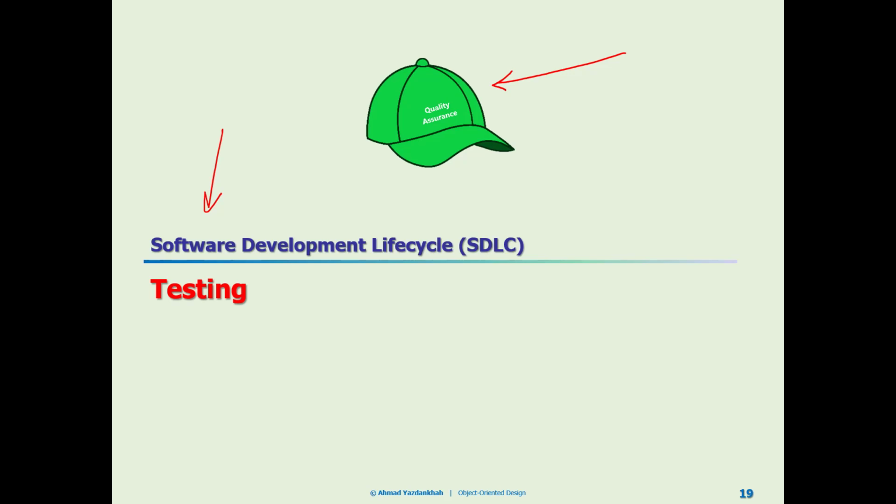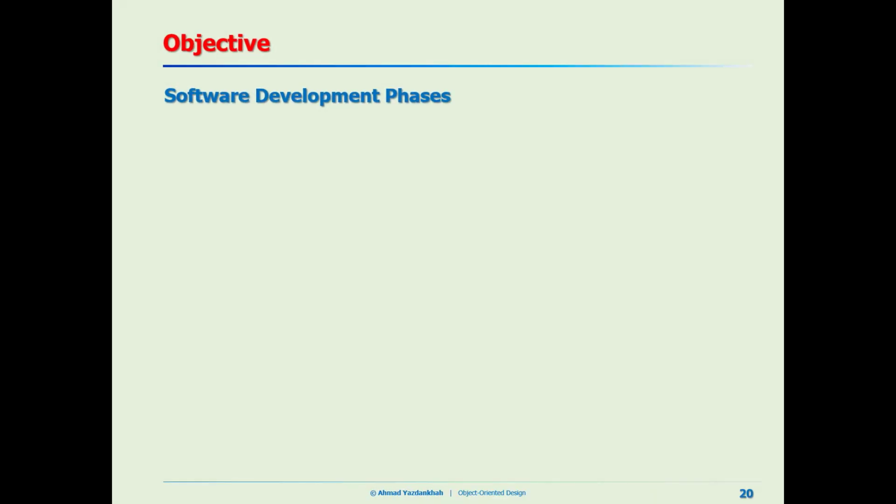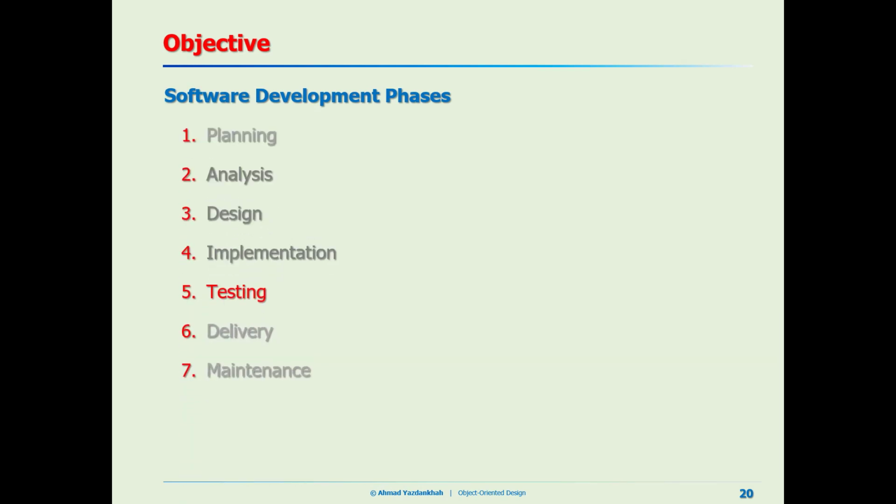Yeah, let's see. So what is the objective of this section? Yeah, again, this is our 7 phases, and now we are here, and that was the last phase of our software development life cycle.